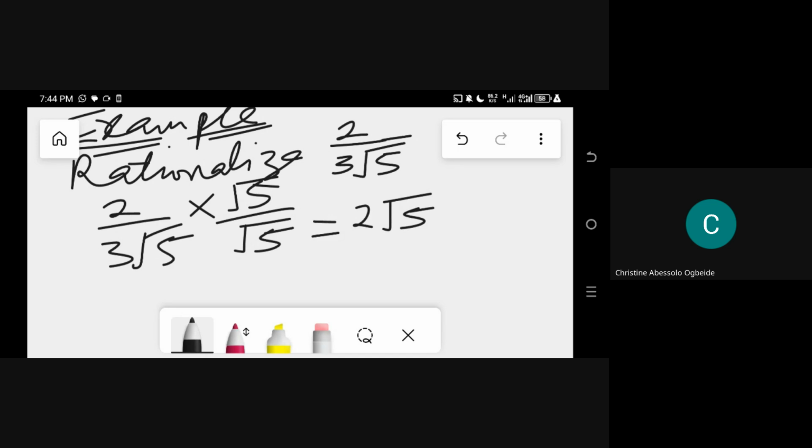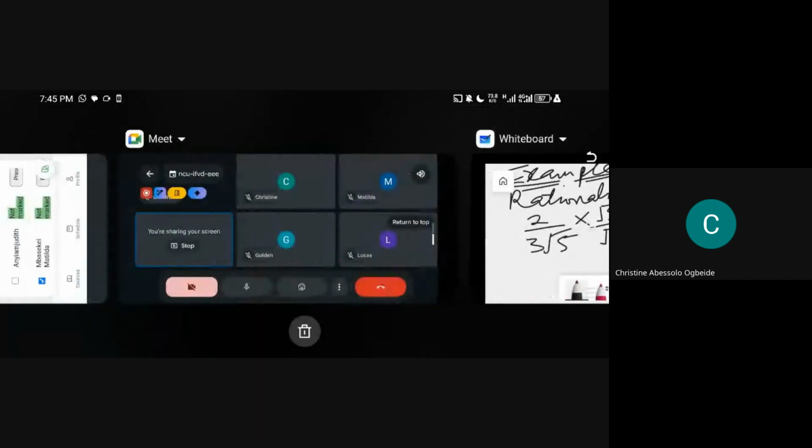That is the one at the top. Then over at the denominator, 3 root 5 times root 5 gives us 3 root 25. So you guys look at this. Do you understand up to this stage that we have now? 2 root 5 over 3 root 25. Do you understand up to that stage?